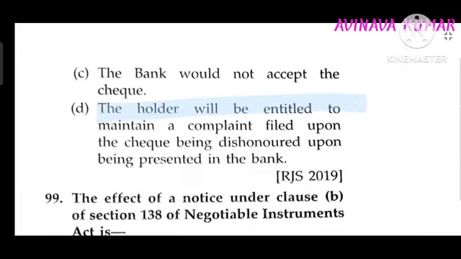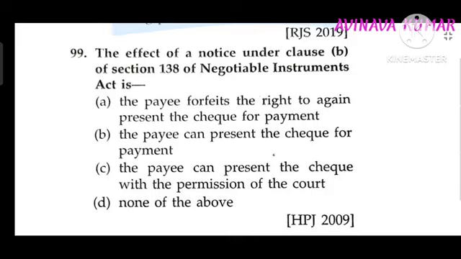The holder will be entitled to maintain a complaint upon the check being dishonored when presented in the bank. The effect of notice under clause B of Section 138 of NIA is to pay, and the drawer forfeits the right to again present the check for payment.